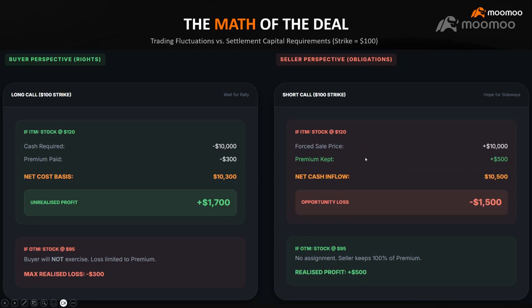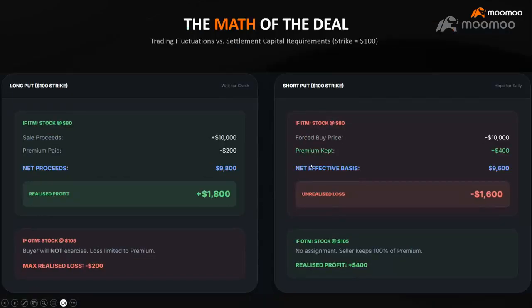You are holding the underlying. If you're shorting at $100 while it's $120, of course you lose money, but because it's a short option, you collect the premium.